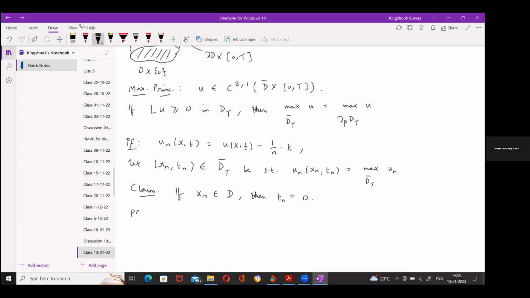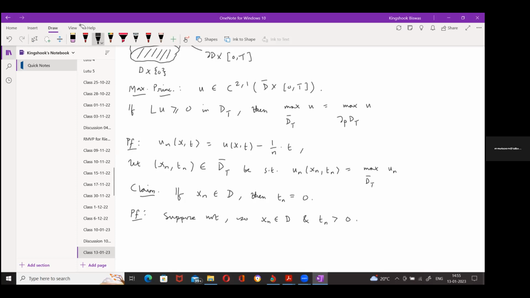So the proof is, suppose not, so xn belongs to the interior of the domain D and Tn is positive.